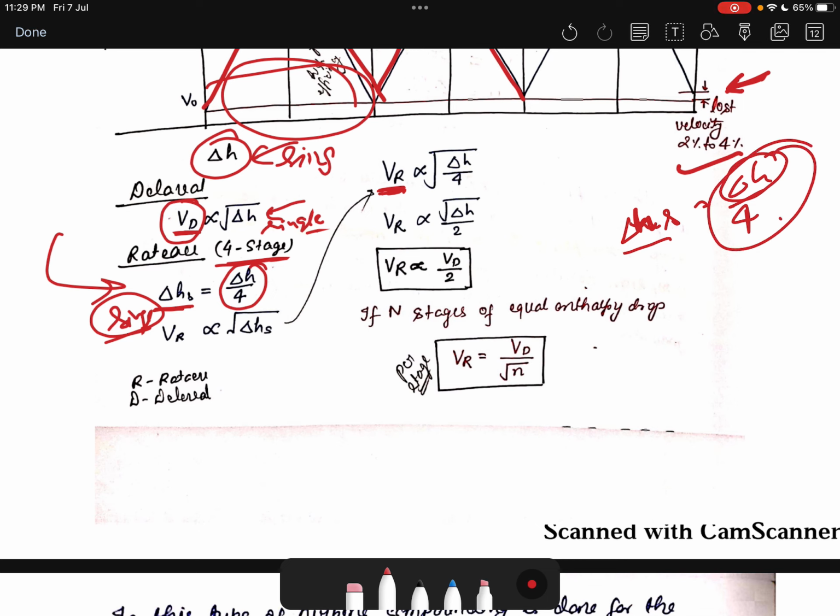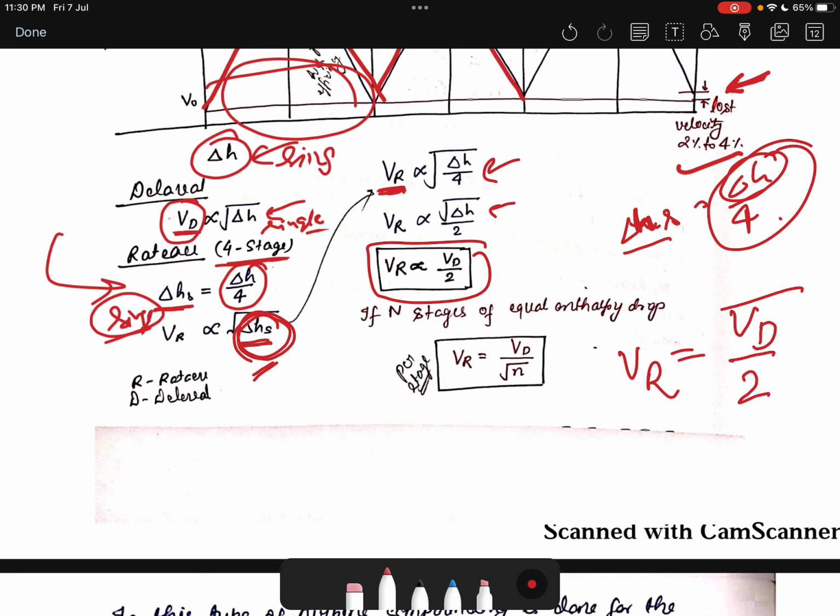So if we want to calculate the velocity of the rotary turbine, then that will be proportional to the single stage. Okay, so the single stage enthalpy drop will be delta H by 4, that is Vd by 2. So we can say that the velocity of the rotary turbine is equal to the De Laval turbine velocity by 2.